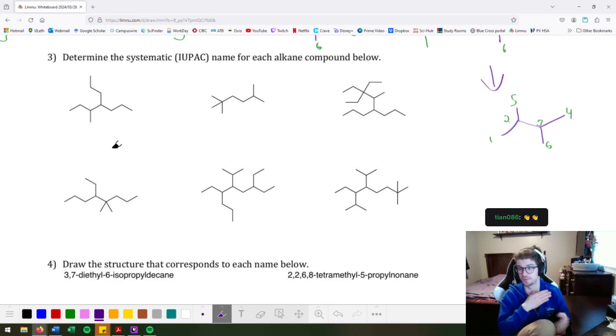It does not need to read left to right or right to left. It doesn't need to make any kind of spatial sense as to where this chain is going.